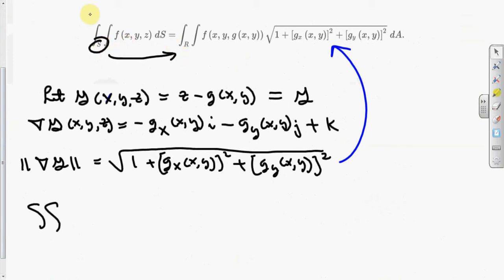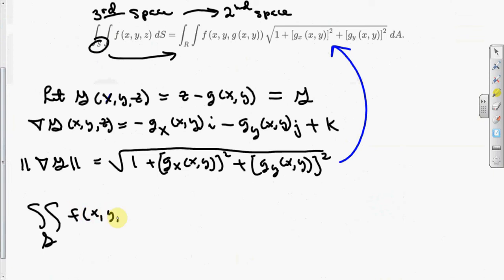So here, basically, we're going from the third space dimension to the second space dimension, over S of f of x, y, z, dS. This is this double integral over the region.